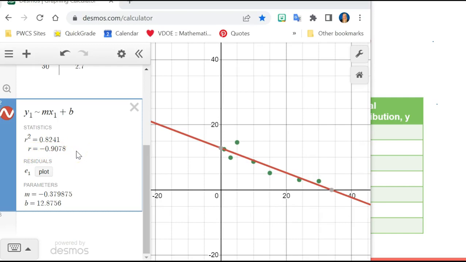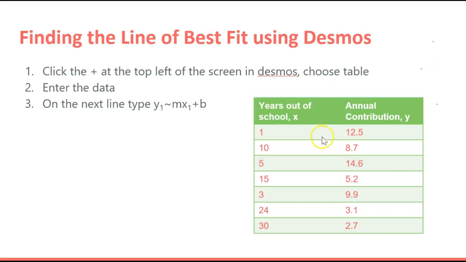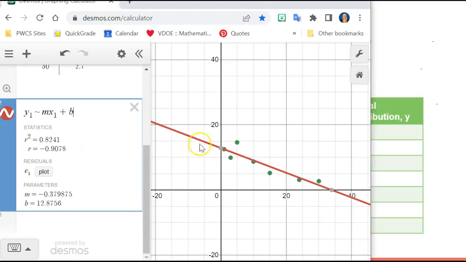All right, so that is actually a very strong relationship between the years out of school and the annual contribution people make to their school. So the further you get out of school, that annual contribution drops, and that is the equation and scatter plot that shows us that relationship.